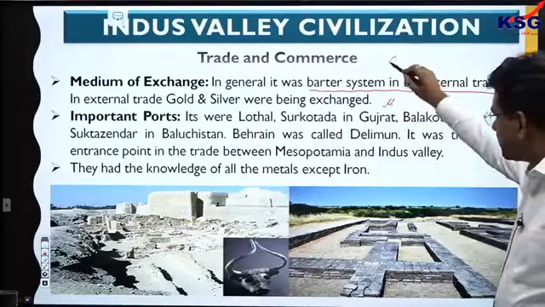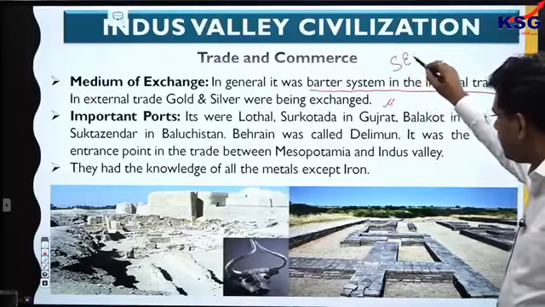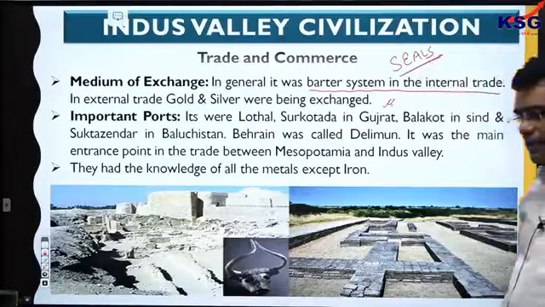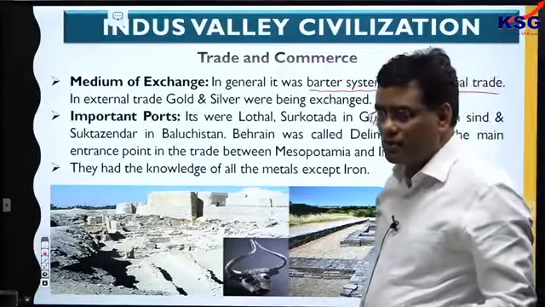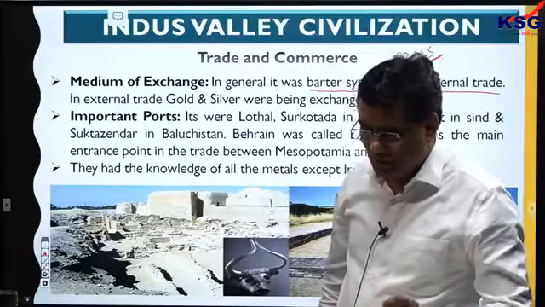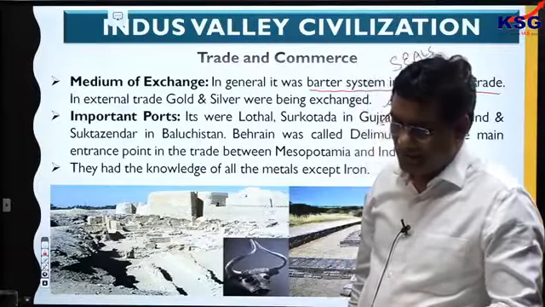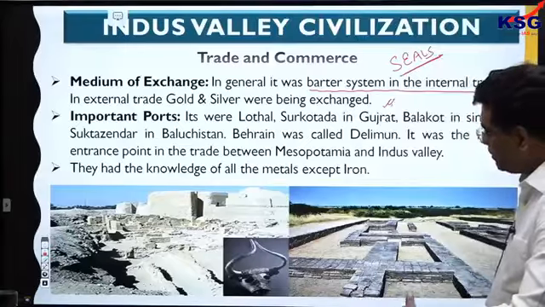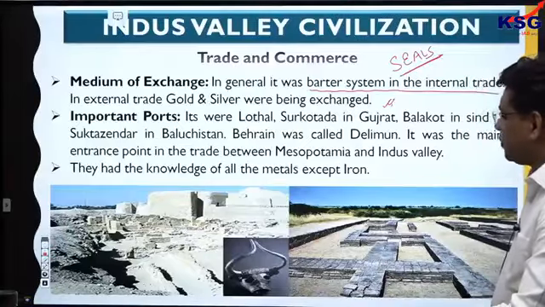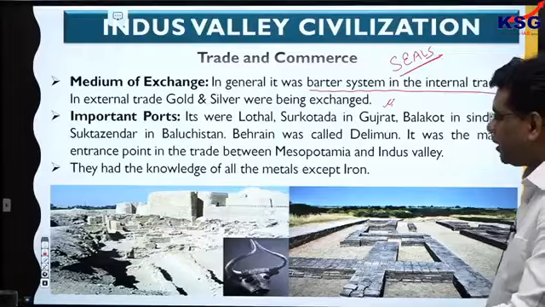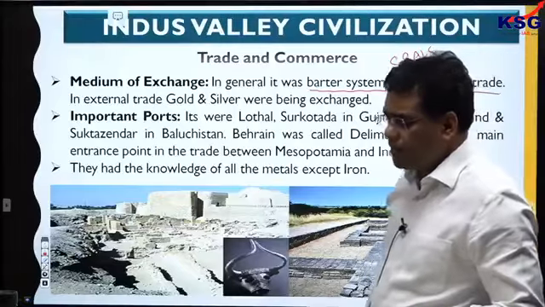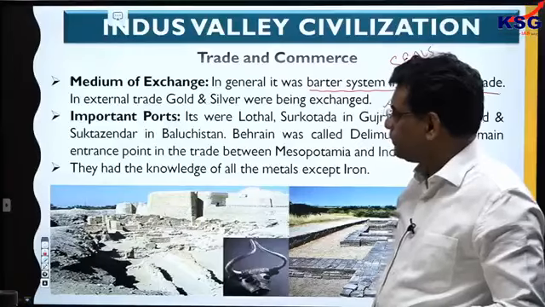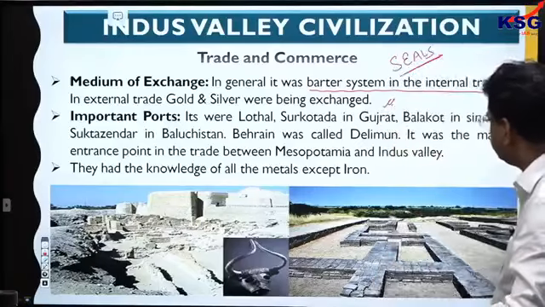But seals were considered a very important part of their trading system, symbolically, like today you send a check. Medium of exchange in general was barter, because no coins were found from the Harappan civilization, but they had metals. Gold and silver were very precious metals for them.